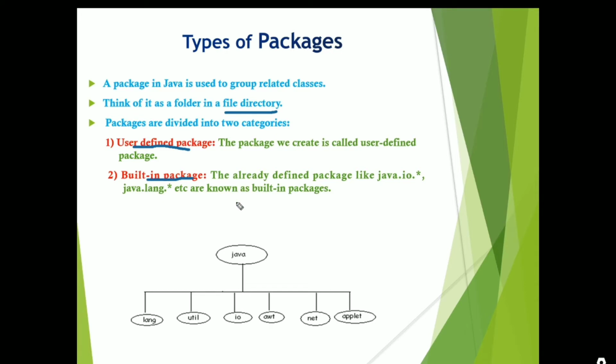And built-in packages are defined by the JVM, Java, Sun Microsystems, when they were developing the Java, like java.io, java.lang, java.util, AWT, net, applet. These all are the predefined packages defined by Sun Microsystems when they designed the Java.